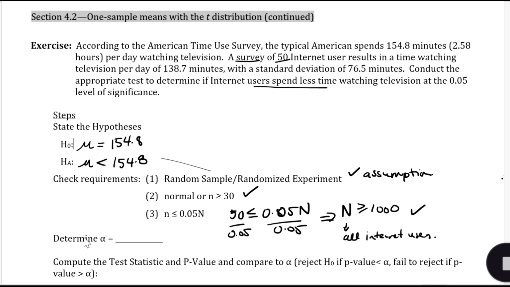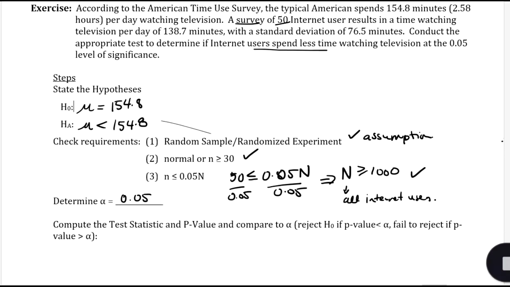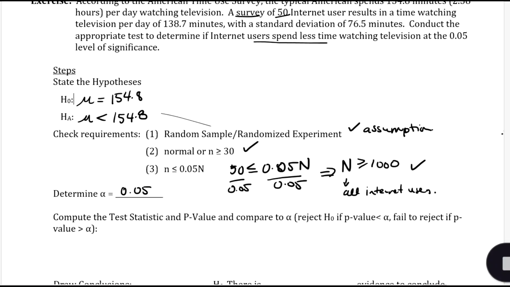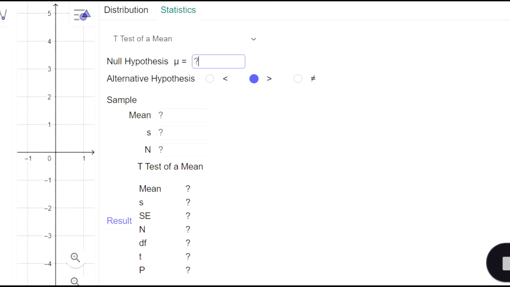Then we look at our alpha, our level of significance, which is 0.05. So alpha is 0.05. Now we have to find our test statistic and our p-value to compare to alpha. So we come to GeoGebra and recreate our null hypothesis here.